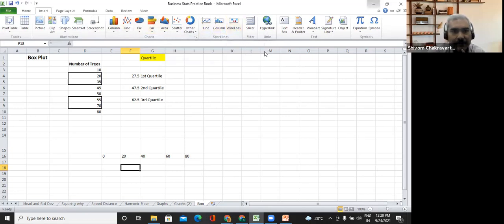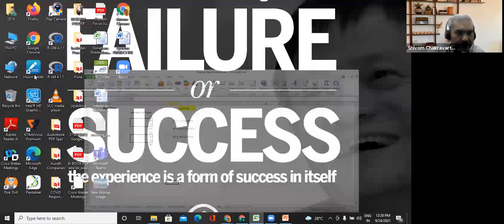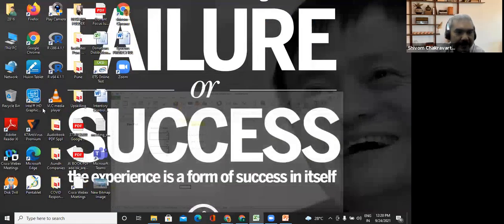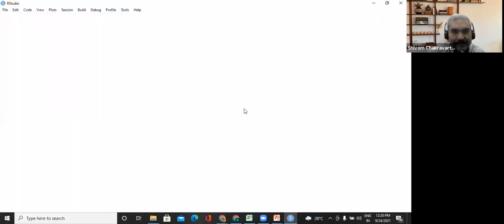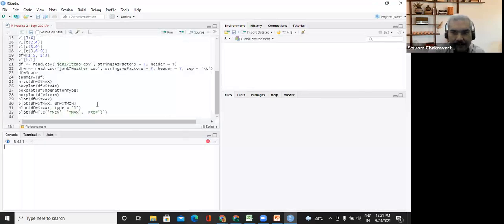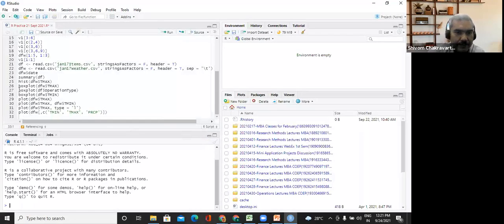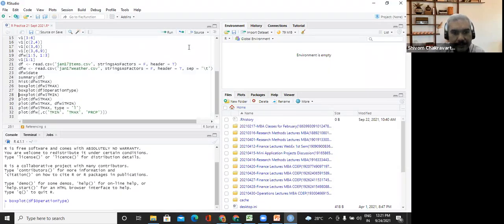There is no box plot here, but I must show you some box plot, how it looks. Just we will learn these.